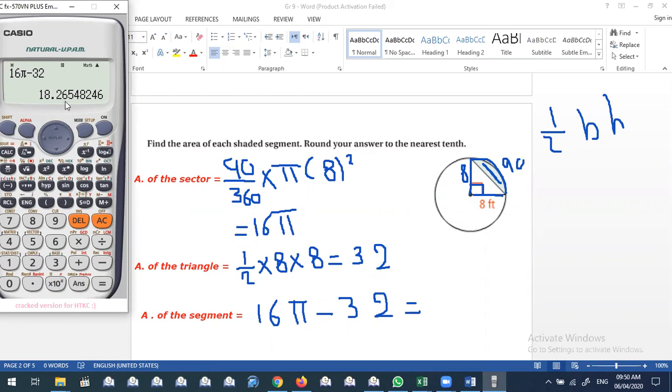The 2 will be 3 because it has 6 before that. 6 is strong. So the answer is 18.3.